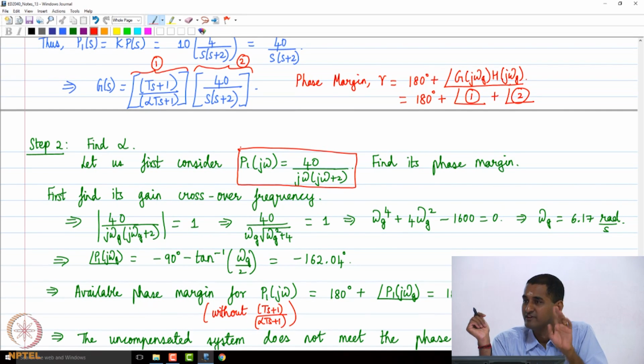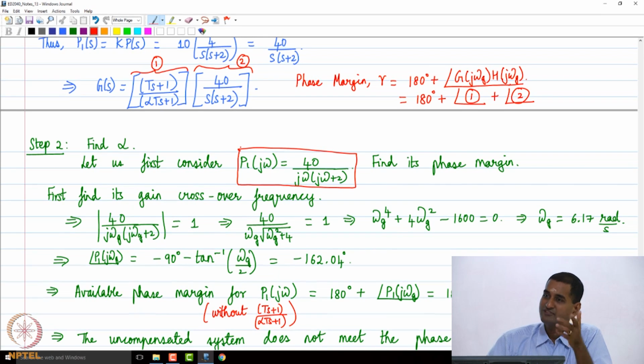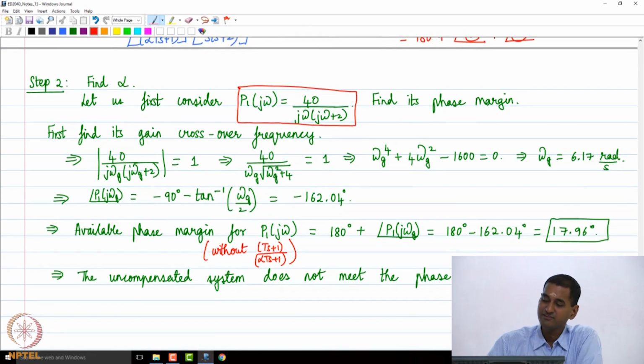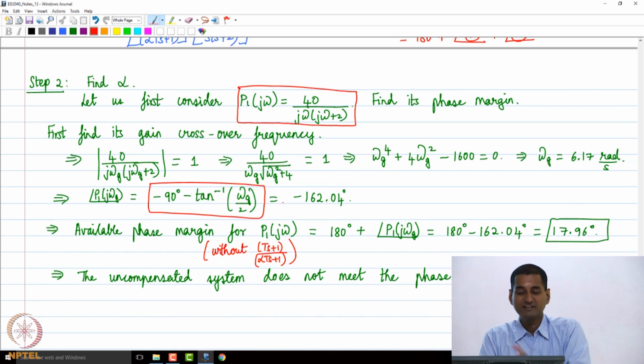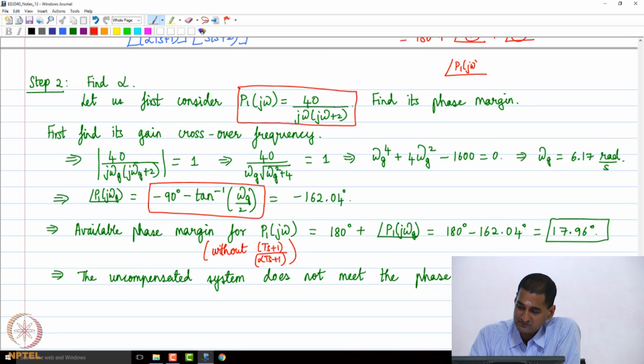So, immediately see that the phase crossover frequency is going to be infinity, because what is phase crossover frequency? The frequency at which the phase becomes minus 180. When will the phase become minus 180? This is the phase. In general, the phase of P1 j omega is going to be minus 90 minus tan inverse of omega by 2.